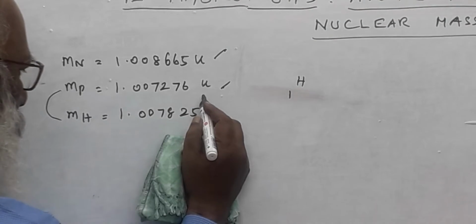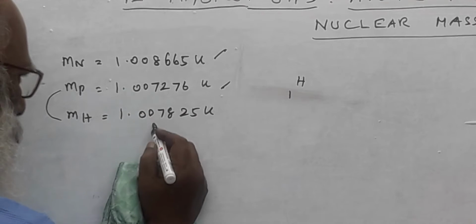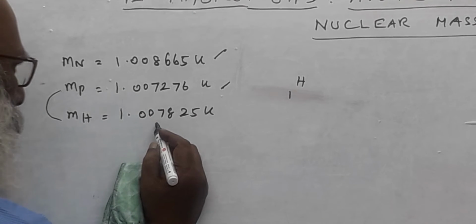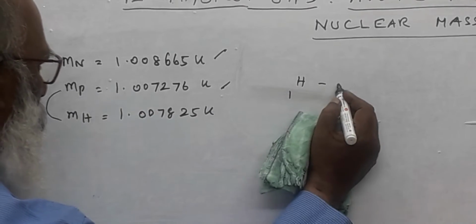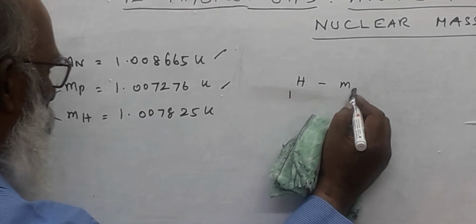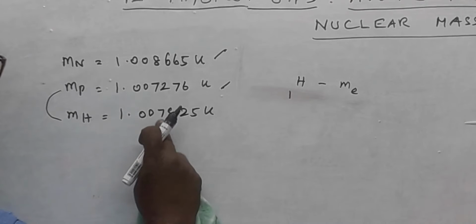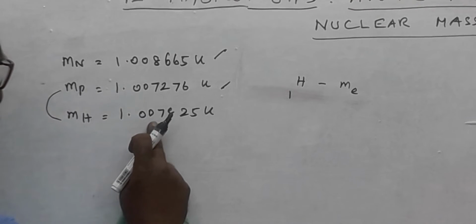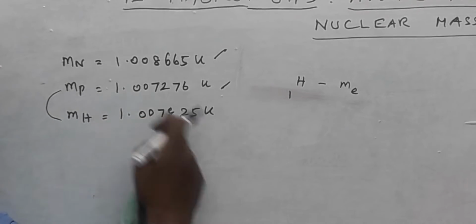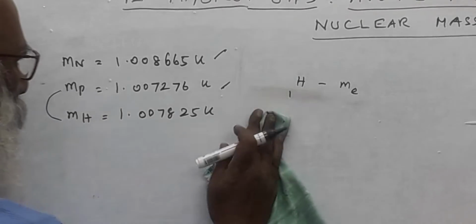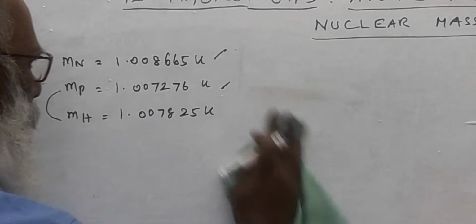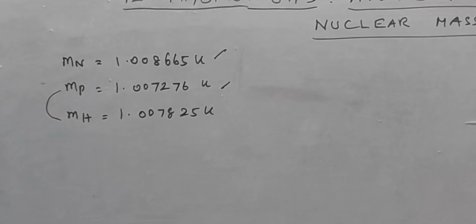The mass of the proton is equal to the mass of the whole atom minus the mass of the electron. Anyway, the mass of hydrogen is higher when compared to the mass of proton. The energy difference is only because of the mass defect that we are going to explain later.